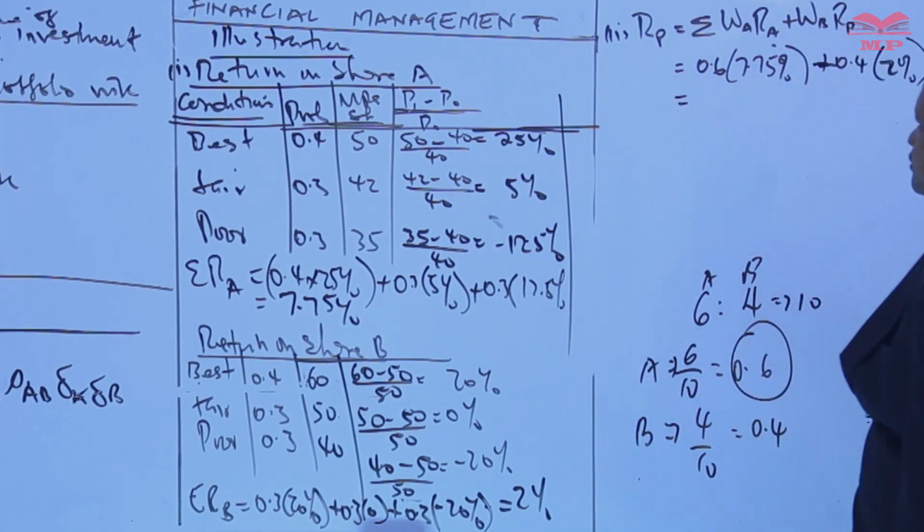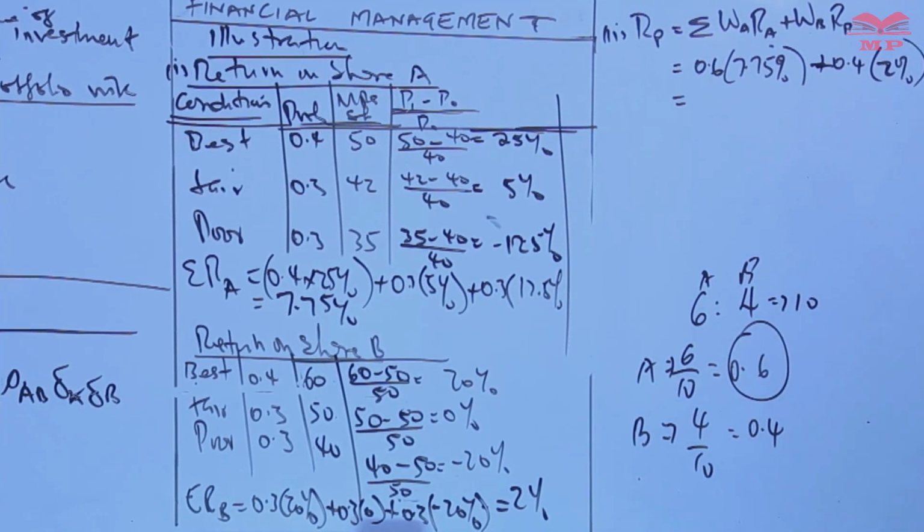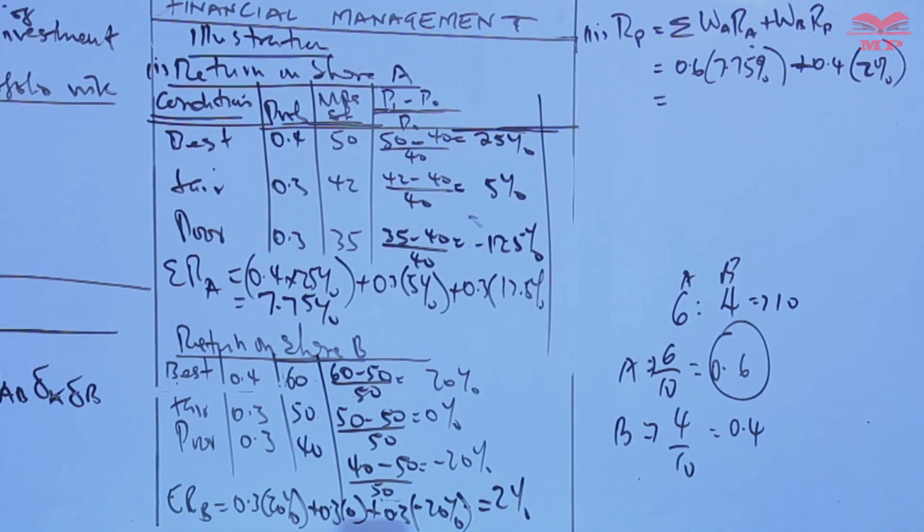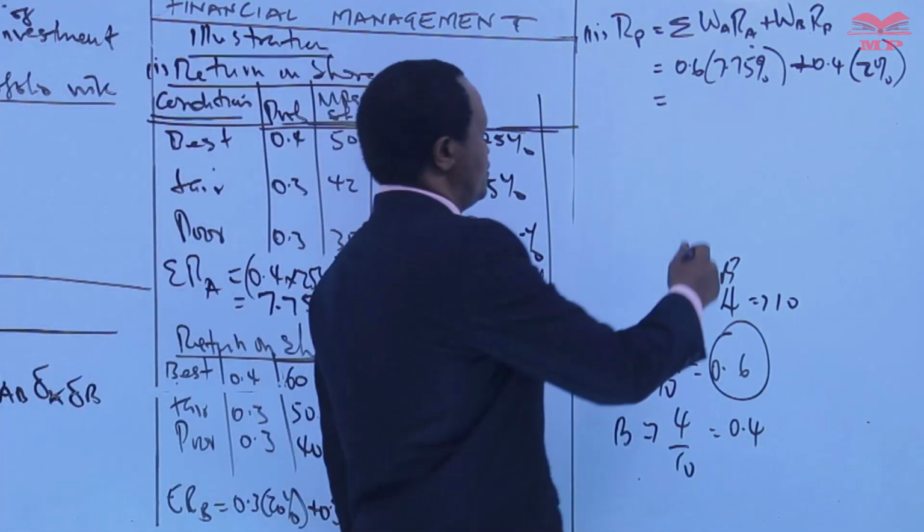So what is the expected portfolio return? 5.45. Abraham says 5.45.